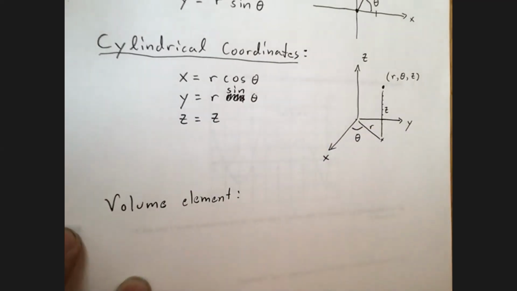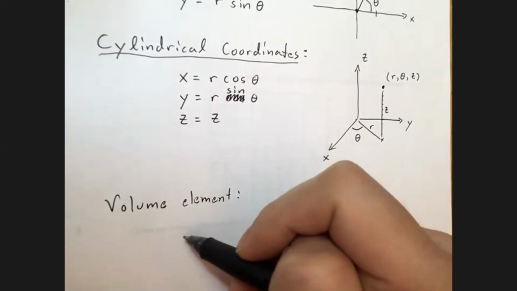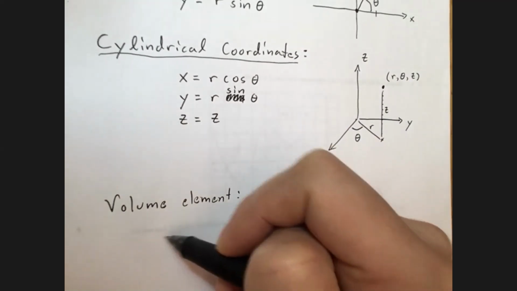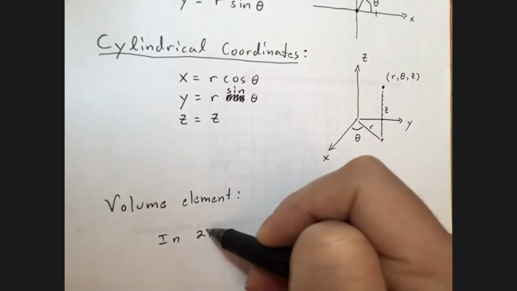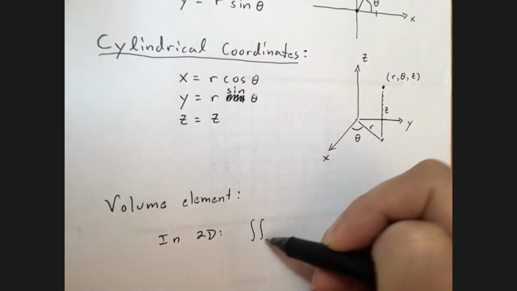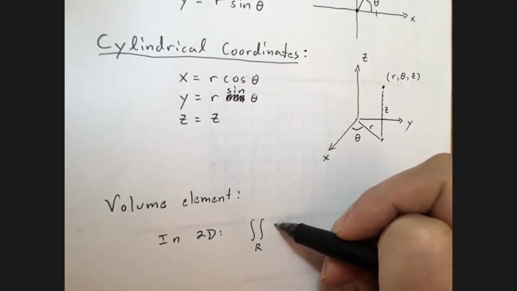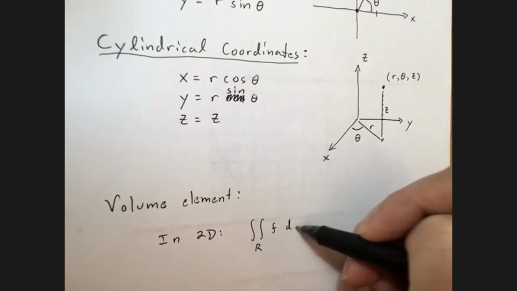Well, recall what the area element was in polar coordinates. When we do a double integral, we write a dA at the end. So in 2D, we do a double integral over a region, and we have some function in here, and then we write dA.